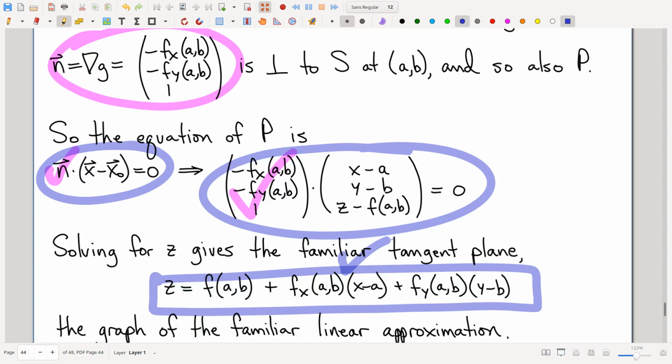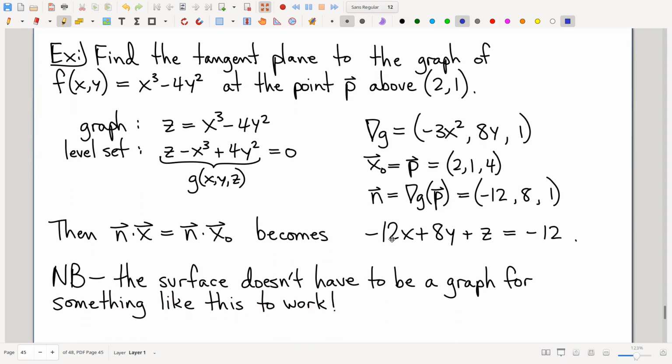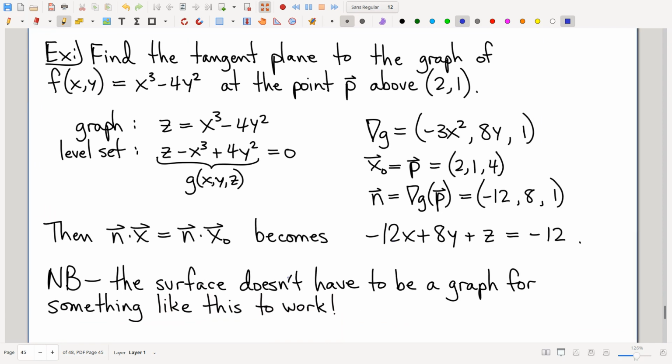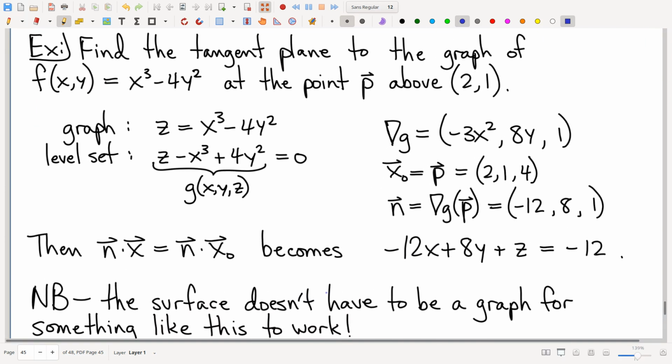All right, this example I'm going to show you is pretty boring. I'm going to be very quick about it because it's really just, step for step, exactly what's on the previous page. The question comes to us as we're looking at a graph of a certain function, and we want to find the tangent plane.